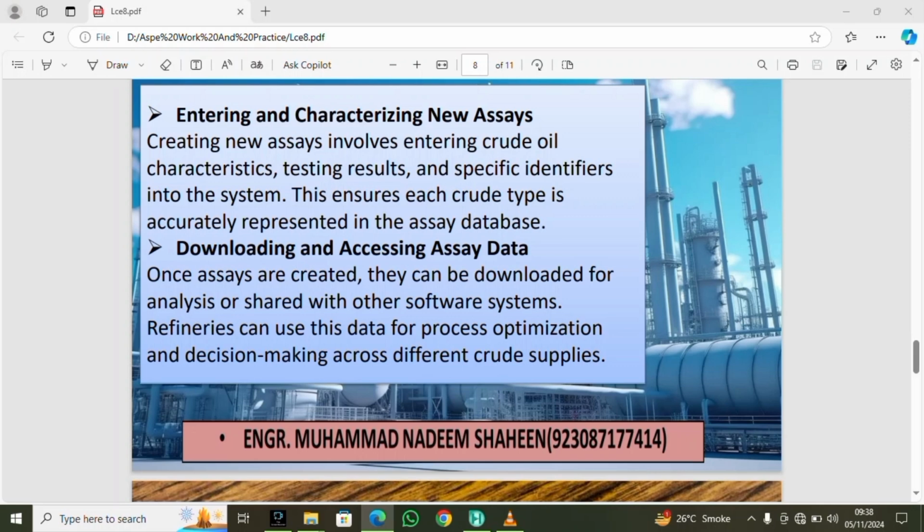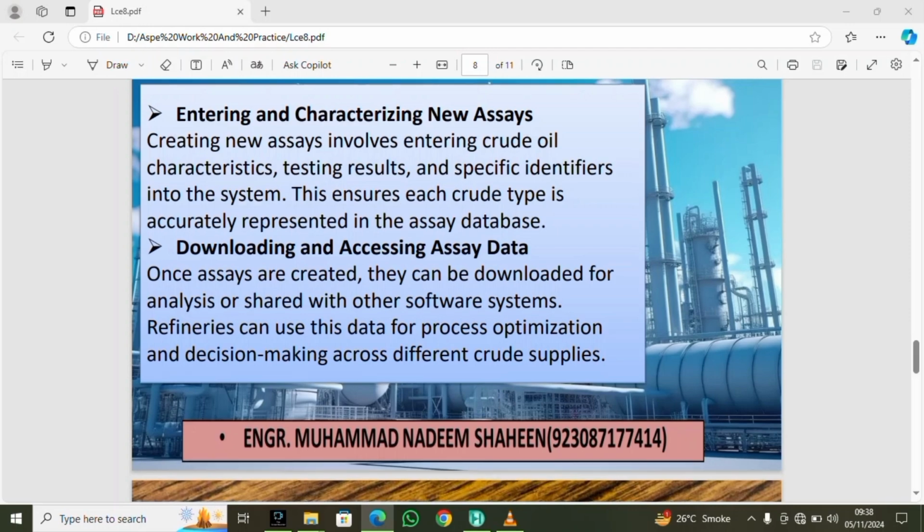Creating new assays involves entering crude oil characteristics, testing results, and specific refinery data into the system. This ensures each crude type is accurately represented in the assays database. Downloading and accessing assays data: once assays are created, they can be downloaded for analysis or shared with other software systems. Refineries can use this data for processing, optimization, and decision making across different crude supplies.